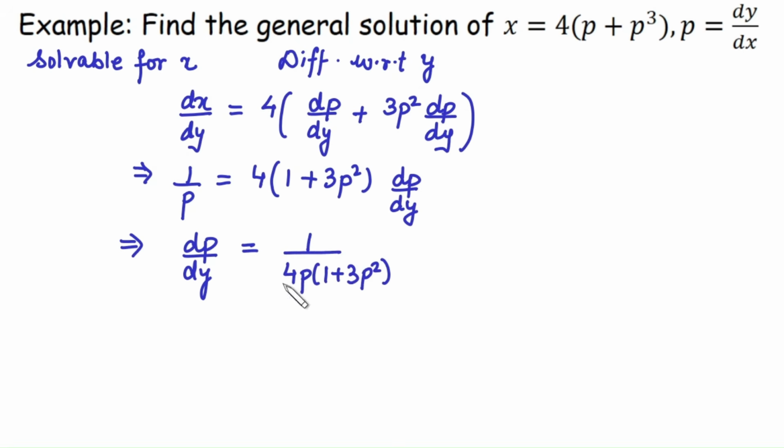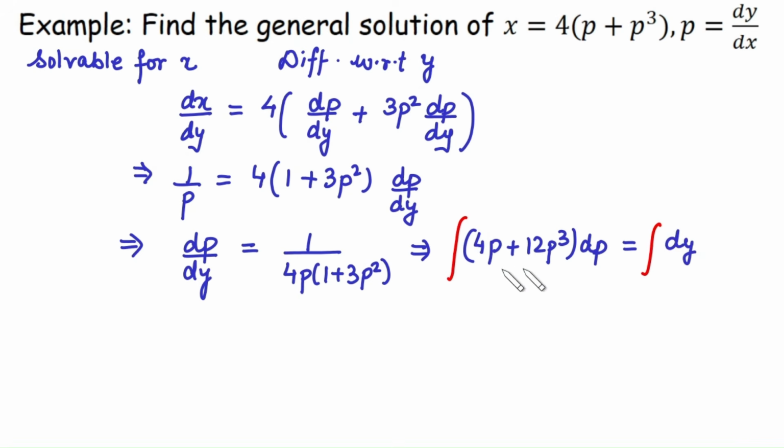Now check it, this is a function of p only, so we can make the variables separable, and this results in (4p + 12p³) dp equal to dy. Now clearly the variable separable method is applicable. Integrate on both sides.